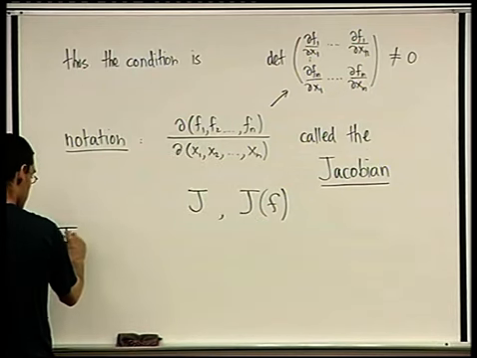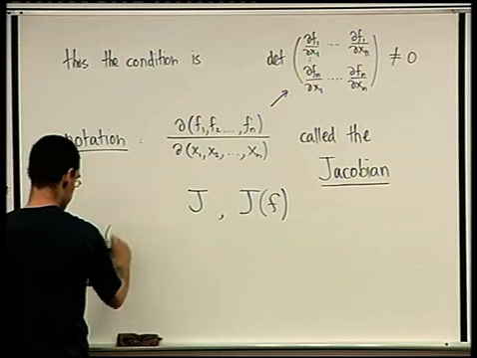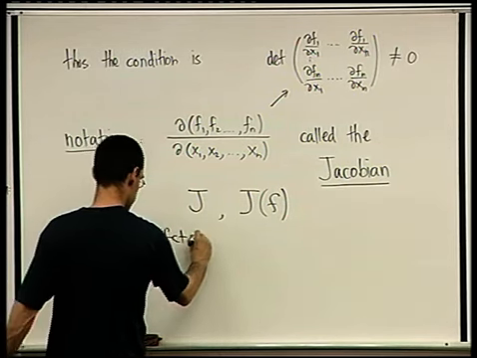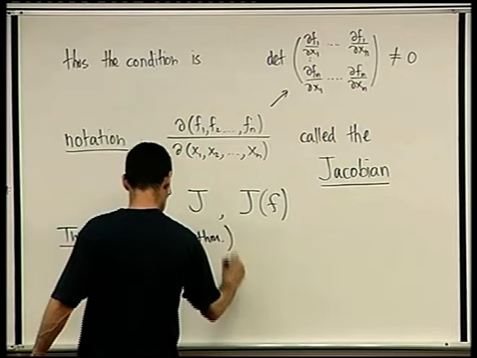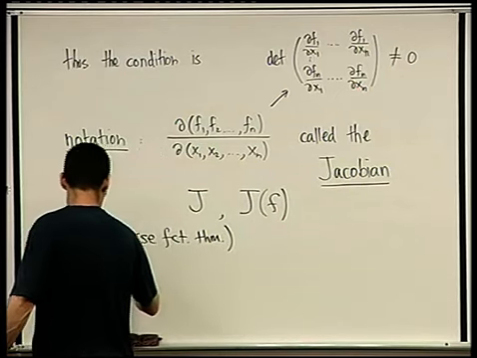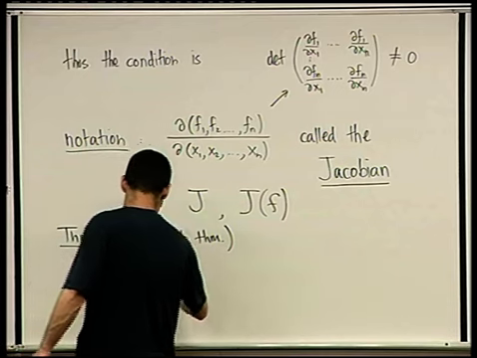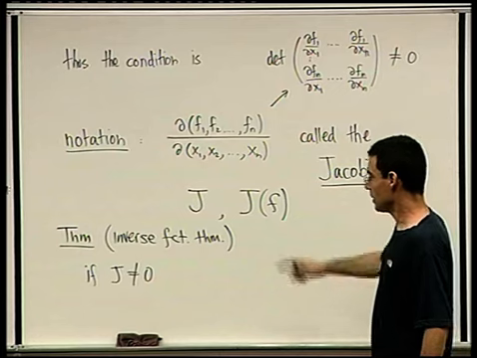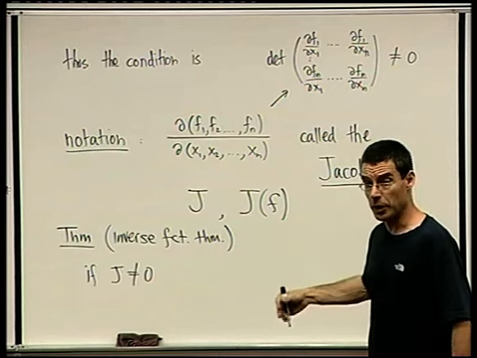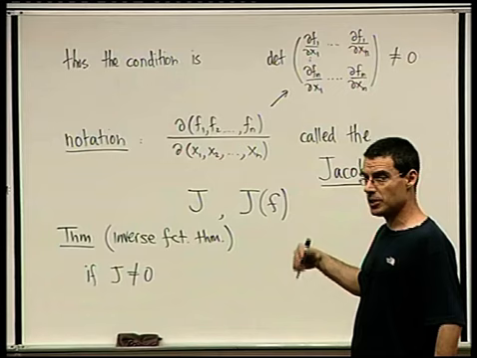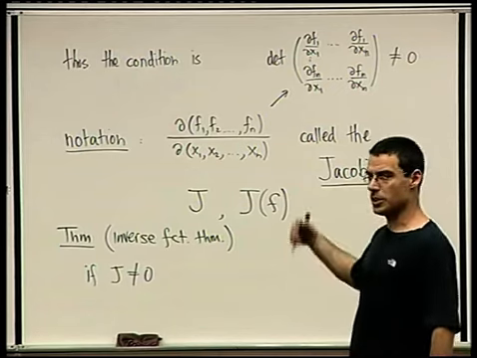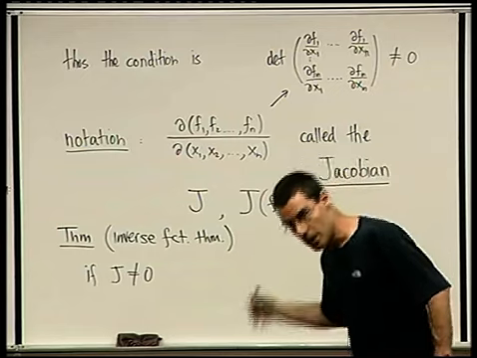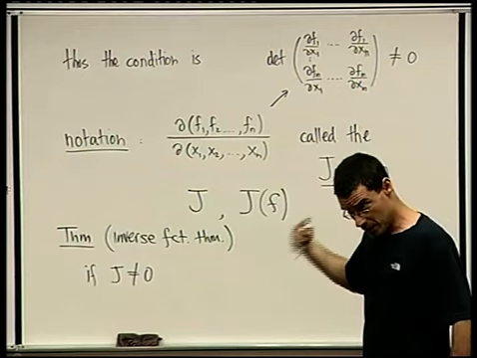So the theorem, the inverse function theorem: if J is not zero. I'm writing it very informally, because if you want to write the theorem formally, you have to say, consider the system of equations, y1 equals f1 of x1 up to xn, y2 equals f2 of, write the entire system.